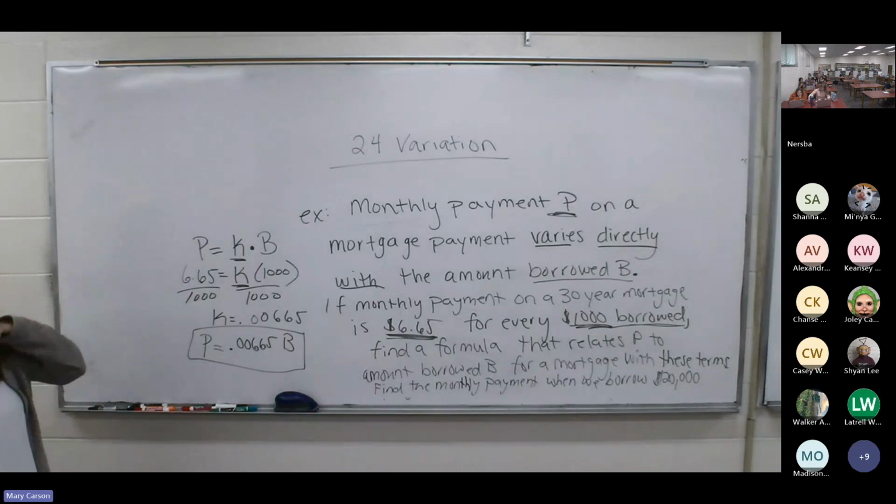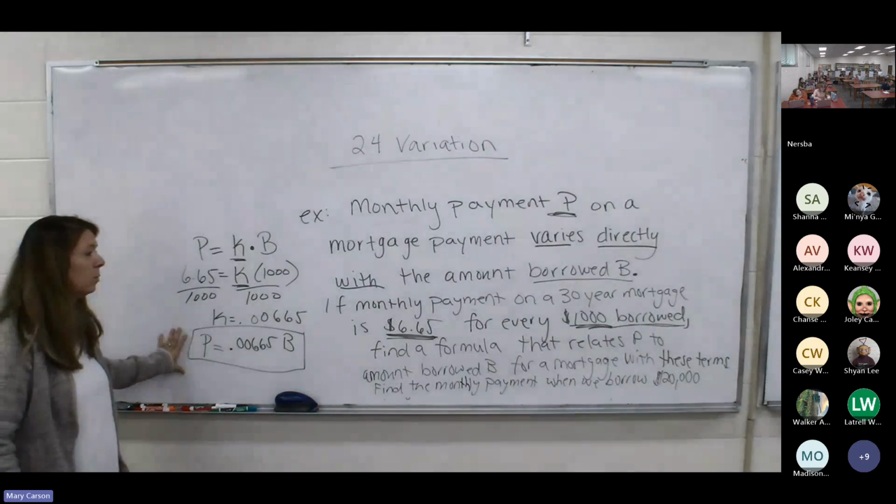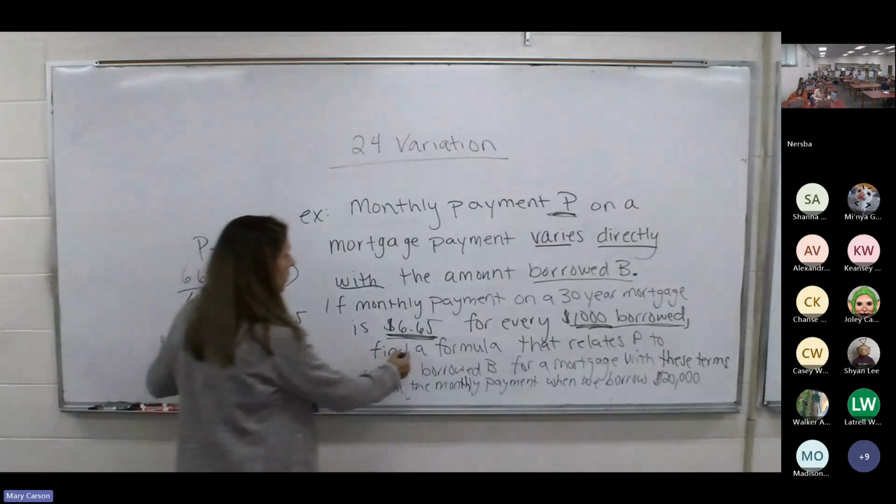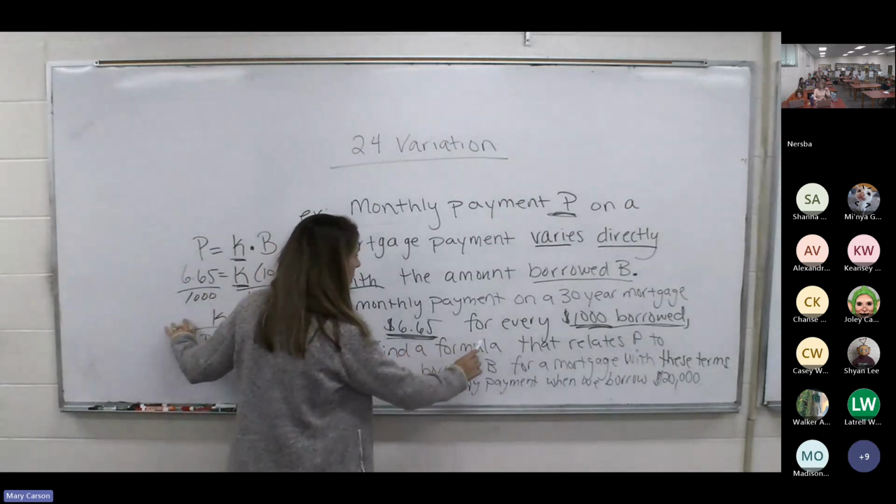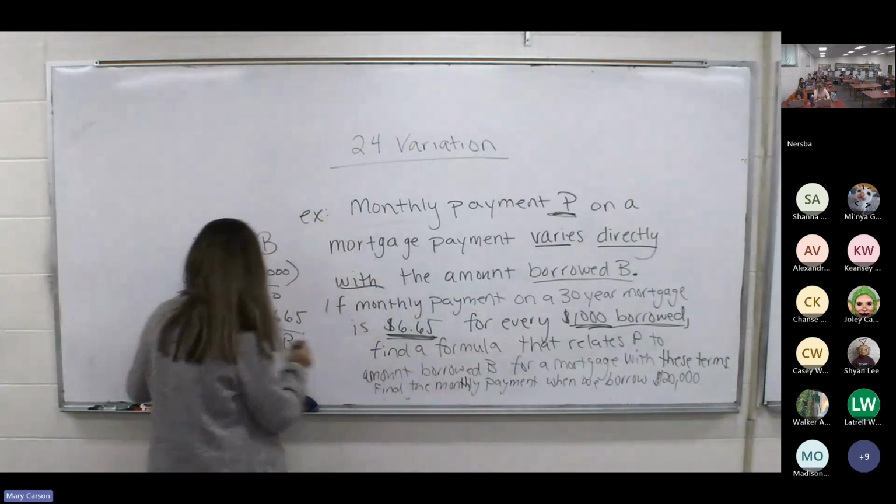I'm confused when you named that was the formula with P equals 0.00665 B. I'm confused on that part. This is the formula. So this first part, the question said, find a formula that relates P to B. This is that formula.